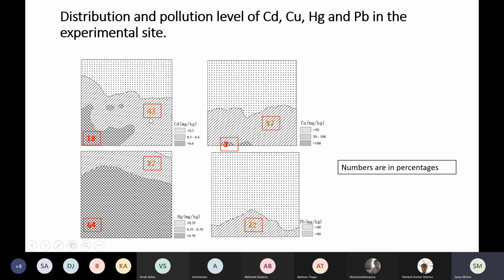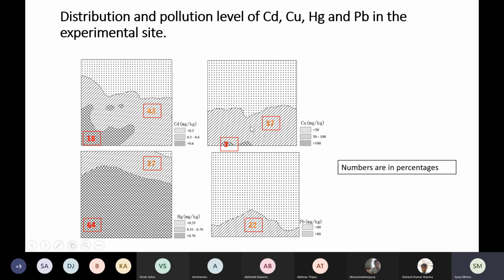In this particular region the concentration of cadmium is between 0.3 and 0.6 milligram per kilogram, and this makes up 43% of the cadmium in the entire area. This makes up 18%, and of course the remaining is 100 minus this plus this. So just try to understand. The concentration here is less than 0.3.